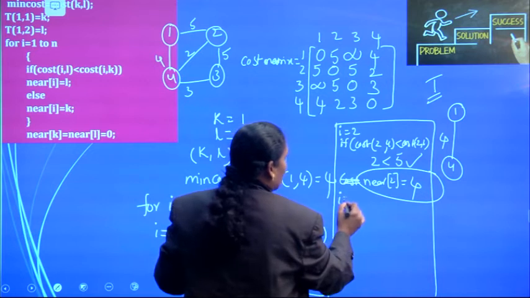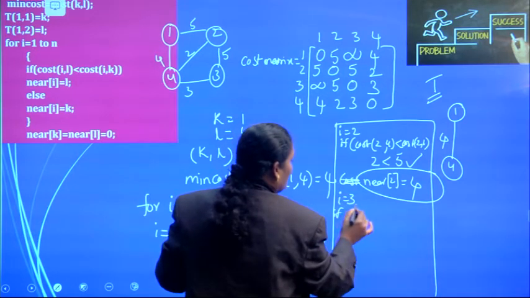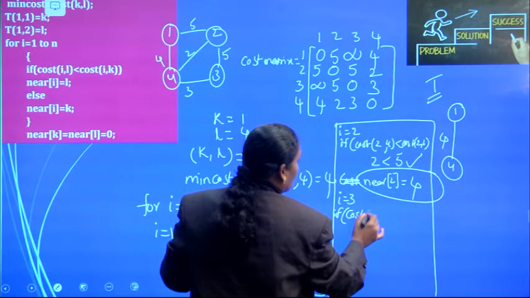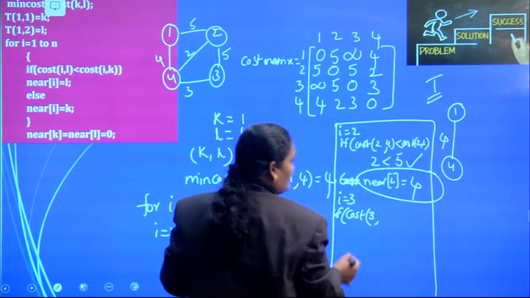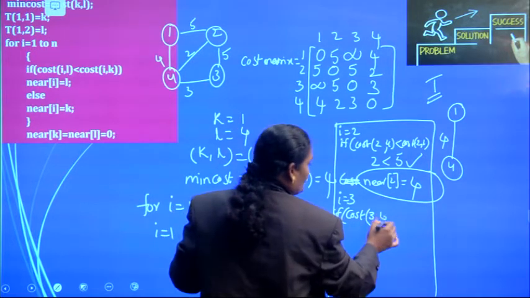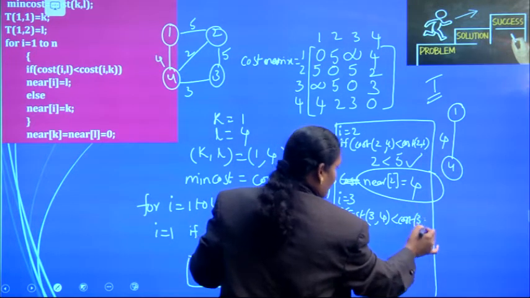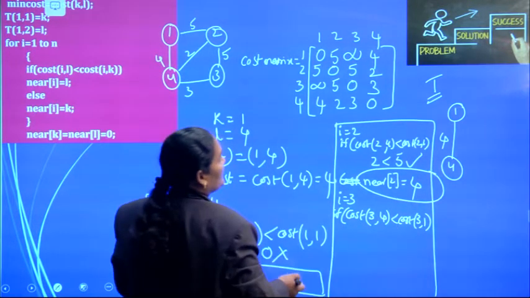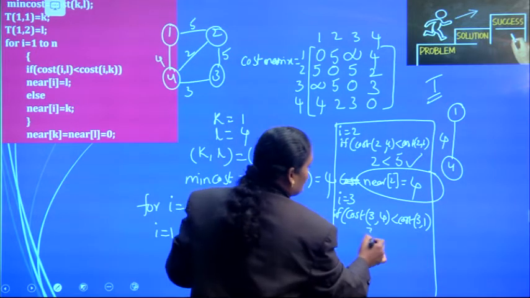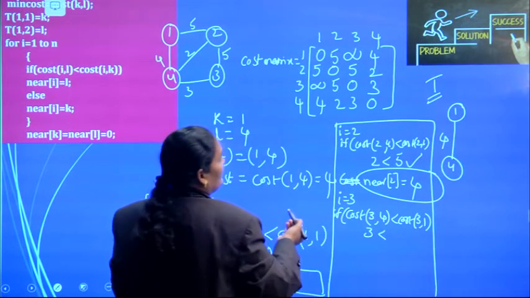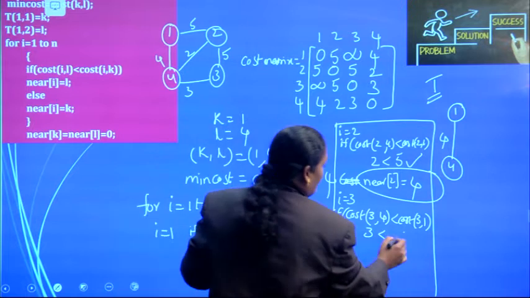Next, I is equal to 3. What we need to do? If cost of I comma L, that is 3 4, is less than cost of I comma K, which is 3 1. What is cost of 3 4? 3. What is cost of 3 1? 3 1 is infinite.